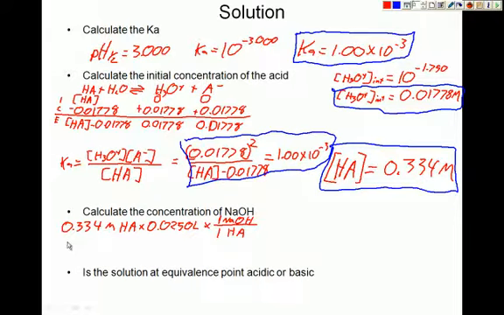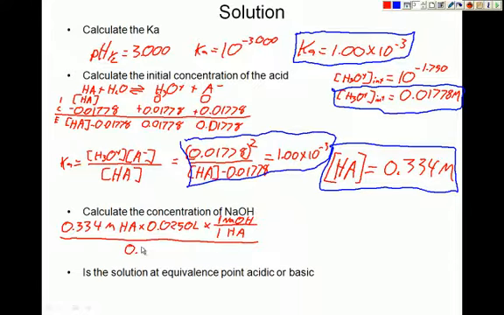Now our unit after we do all of this is moles of NaOH, but the question was asking for the concentration of NaOH, so we want moles per liter. So we divide the moles of NaOH by the liters of NaOH that we used.